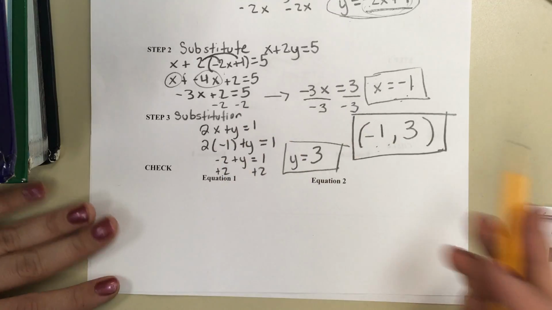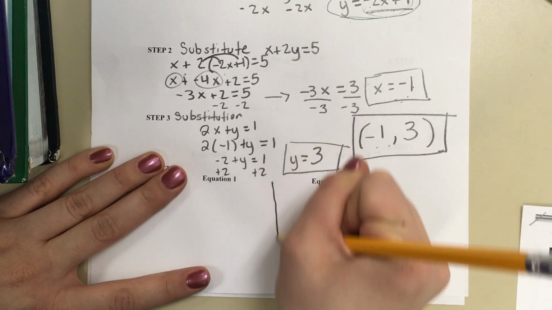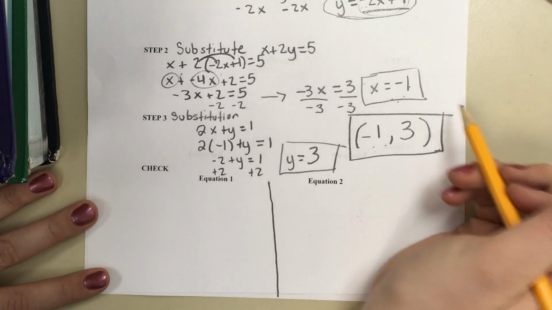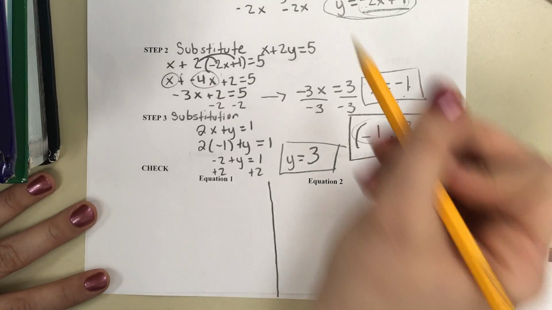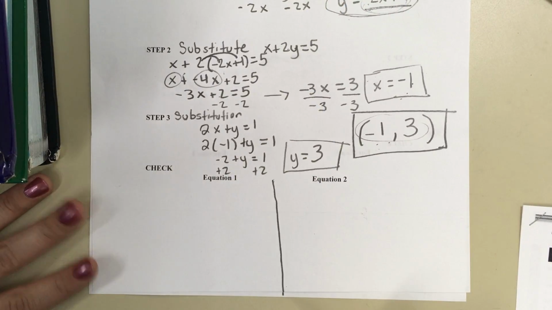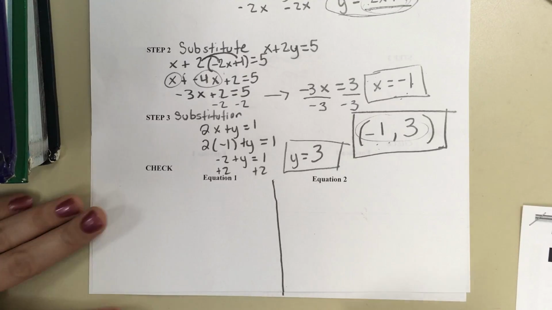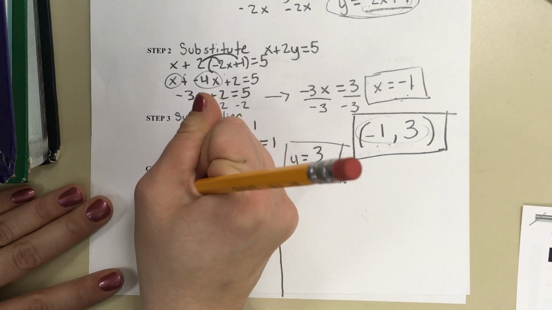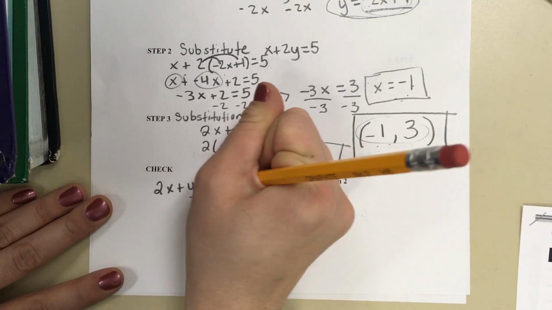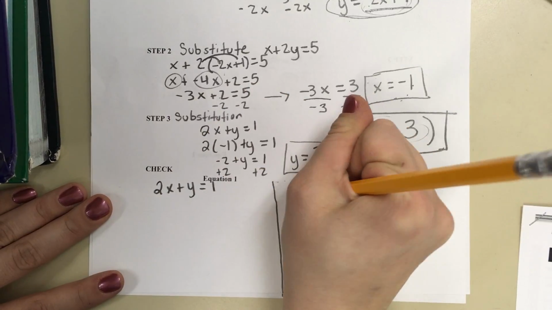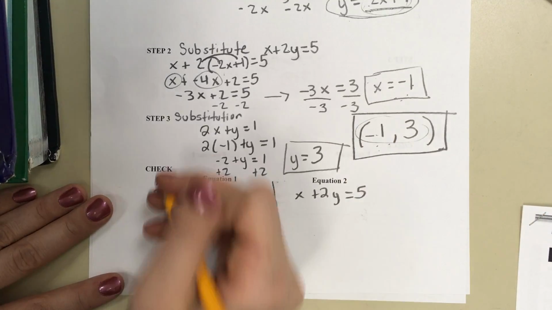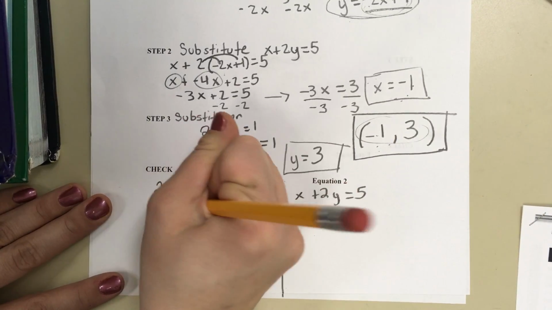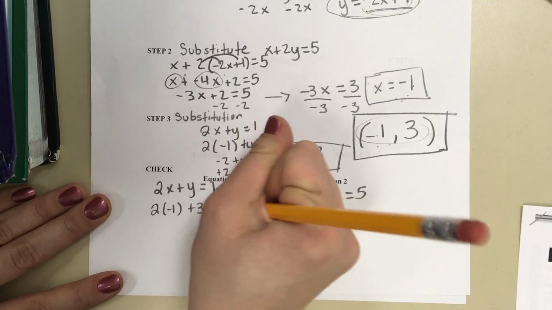The next thing that you would have to do would be to check to make sure that you got the right point. In order to check, you take that point and you plug it into each equation to make sure it works for both of them. I'm going to simply plug it in and let you do the rest. So x goes in for negative 1, plus 3 equals 1.